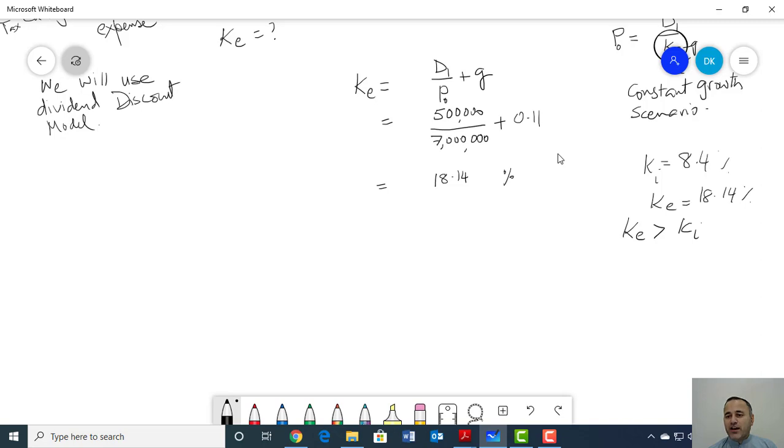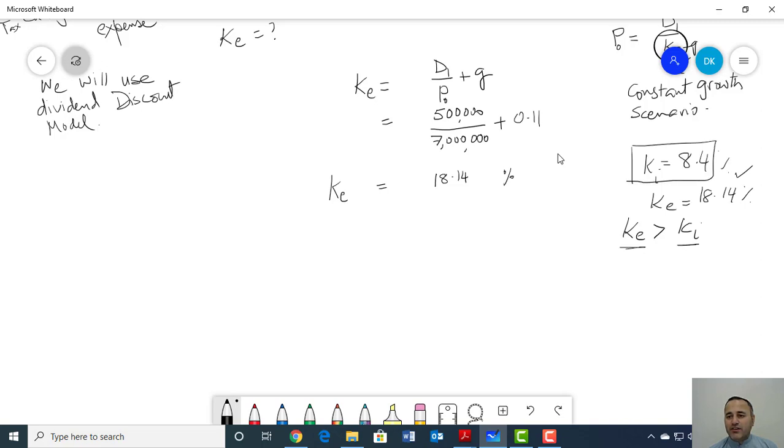That's why in most situations, I would say 99.9% of situations, KE is greater than KI, and as we can see here, KE is 18.14%. What happens if KE is less than 8.4%, less than the cost of debt? As I emphasize, go back and look at your calculations again, because you might have made a mistake.